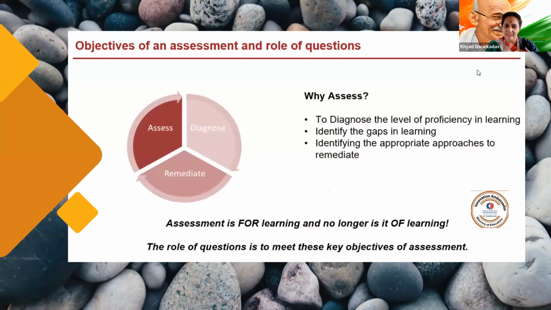So when you assess, you automatically diagnose the learning gap, you work towards its remediation and reassess. This makes it a proper cycle. Assessment is for learning and no longer of learning. The role of questions is to meet these key objectives of assessment. So when we are making our questions, we need to focus on this particular objective of assessing.